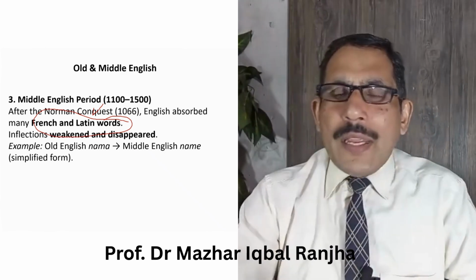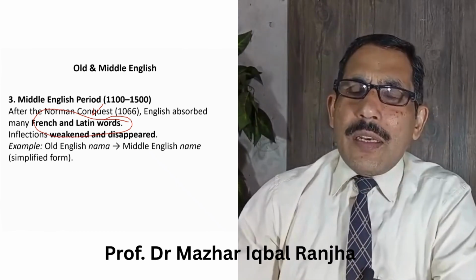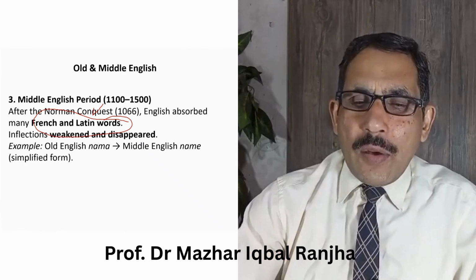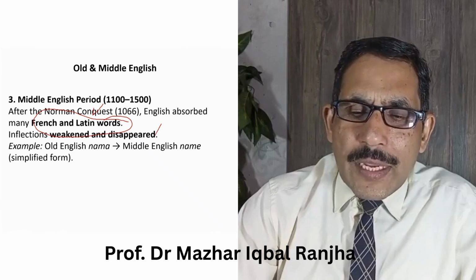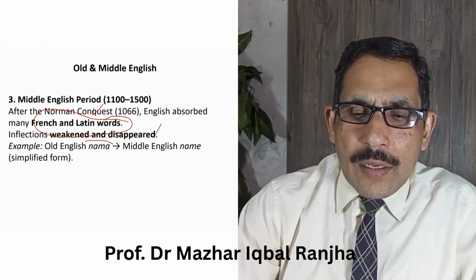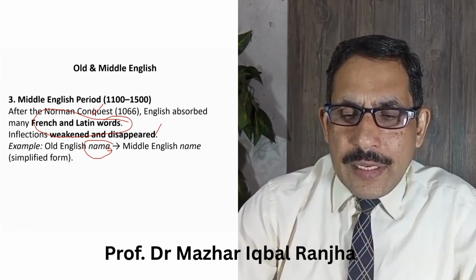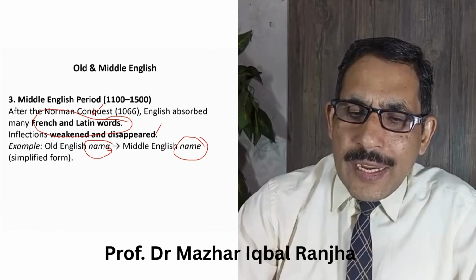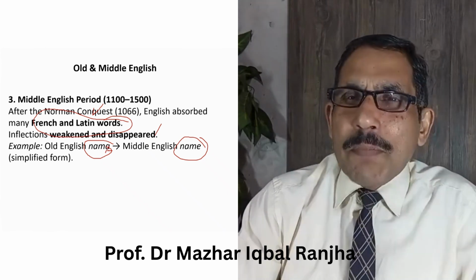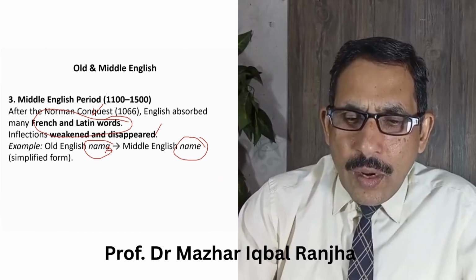The inflectional dominance being used in Old English was either weakened or disappeared. For example, Old English had a name like 'nama', it was singular, and it changed to 'name'. So 'a' was omitted and 'e' was added. It was made more simple.